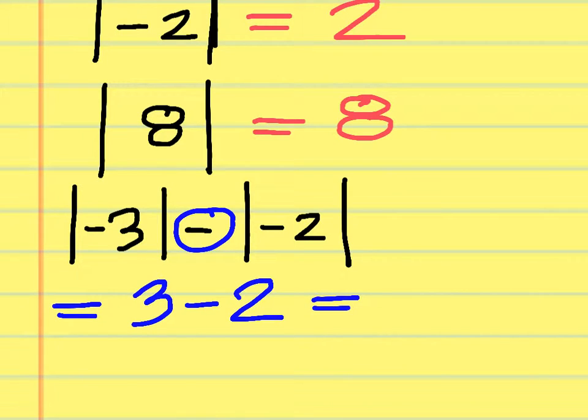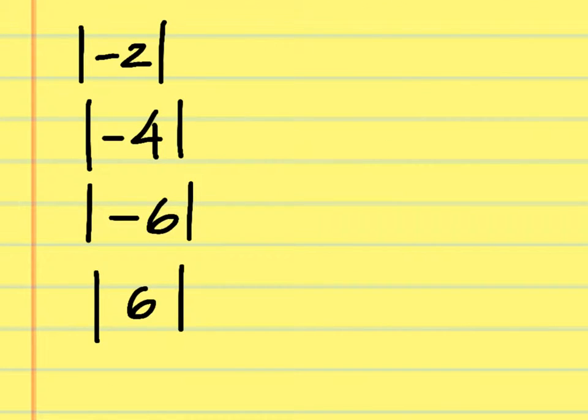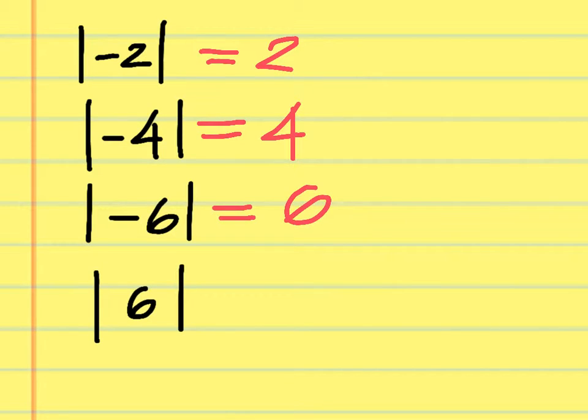What's 3 minus 2? 1. Yeah. So next up is Ramey. What's the absolute value of negative 2? 2 is right. And Roberts, what's the absolute value of negative 4? Right. And Sampson, what's the absolute value of negative 6? 6. Storms, what's the absolute value of 6? 6, right.